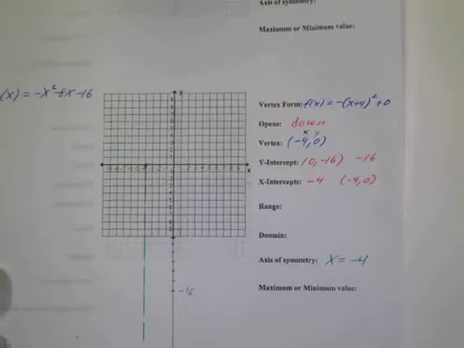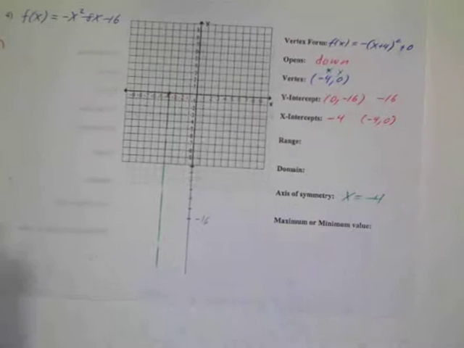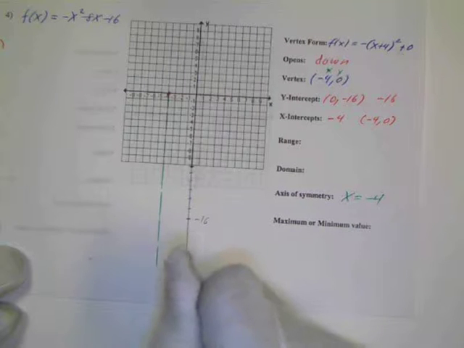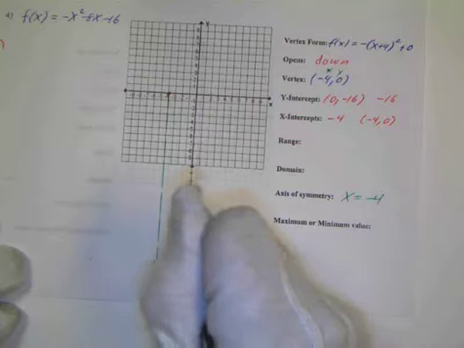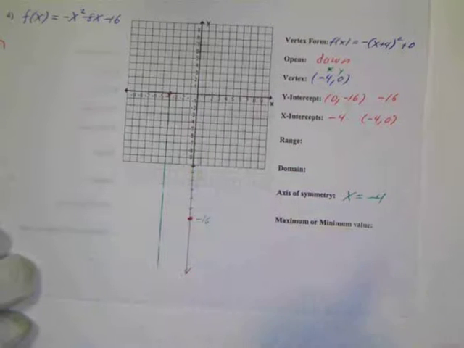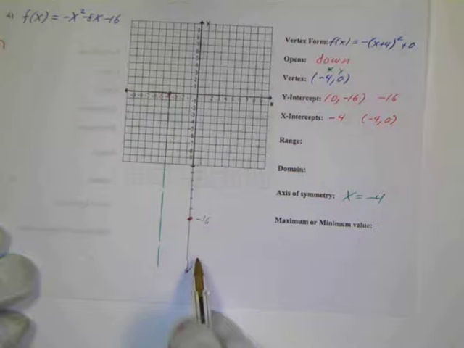So I'm going to put that down. Oh, we can see it here. There we go. So you may have to extend it. Put a little arrow down there. So that's going to be my y-intercept. x is 0, y is -16.